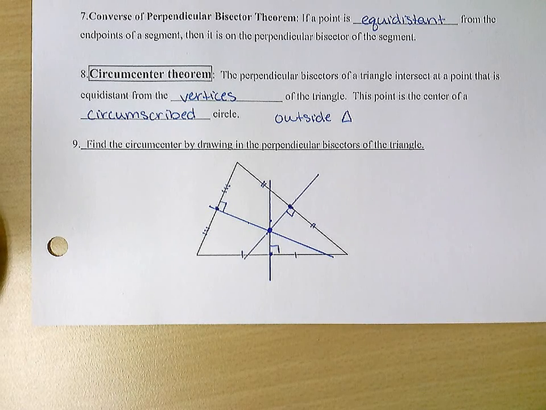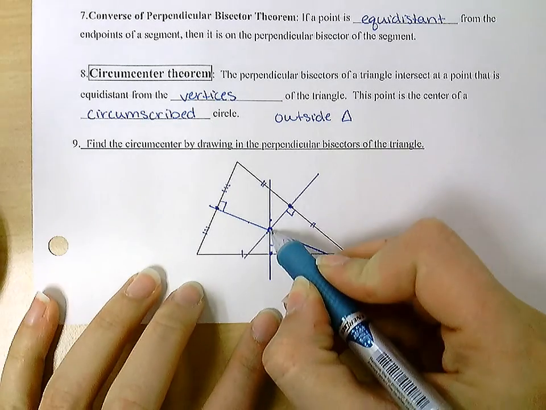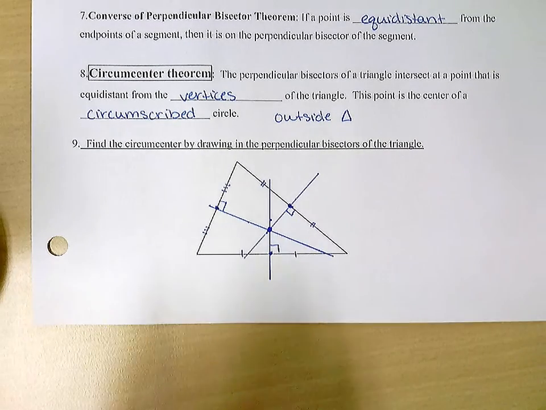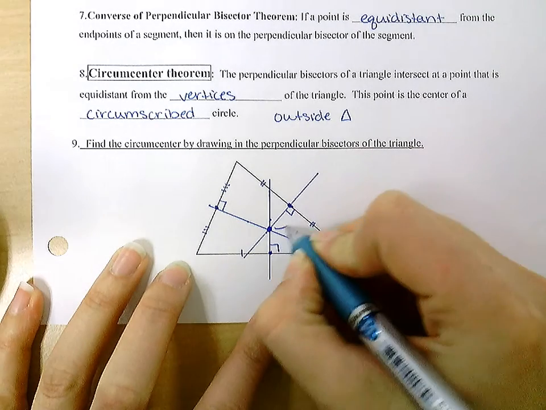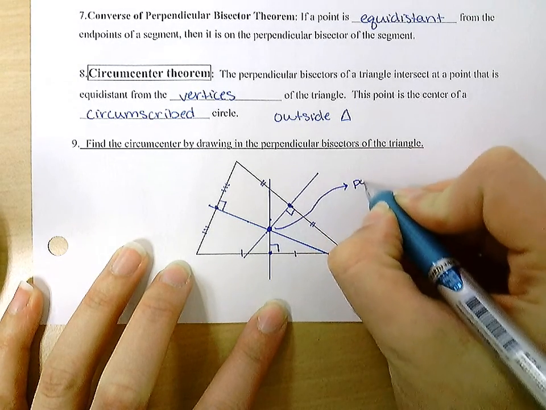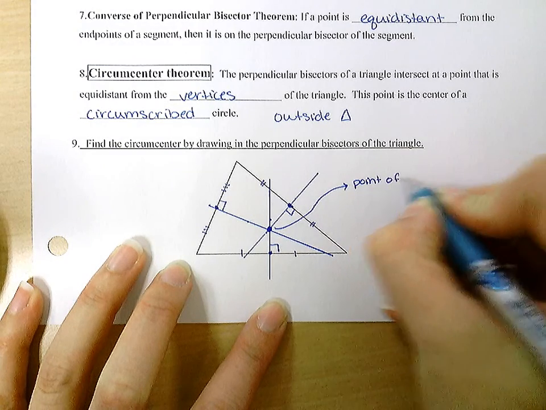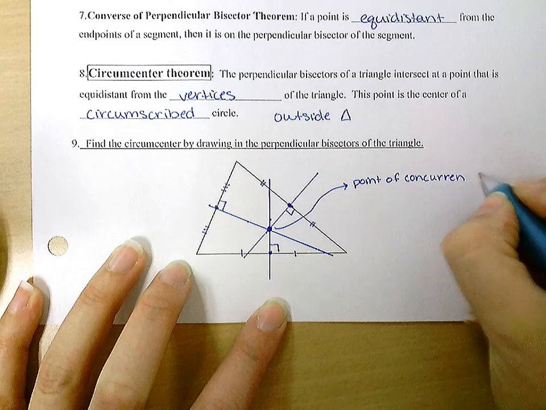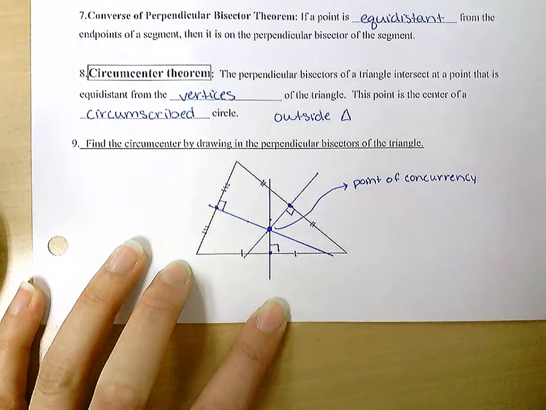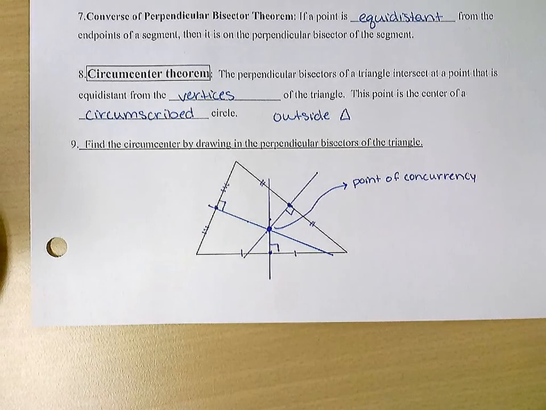But all three of your segments here should intersect in one point. That one point is your point of concurrency.